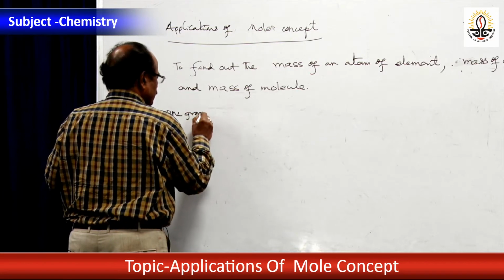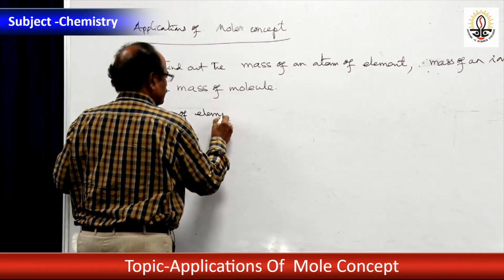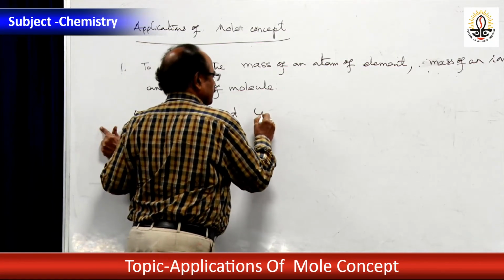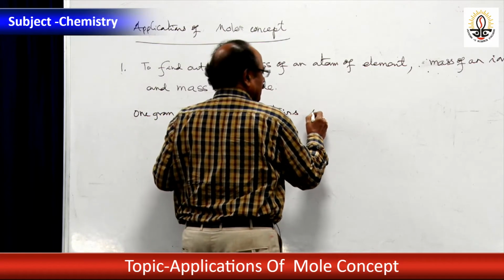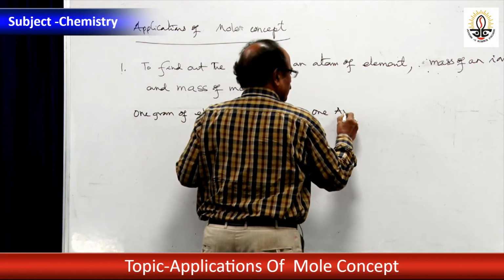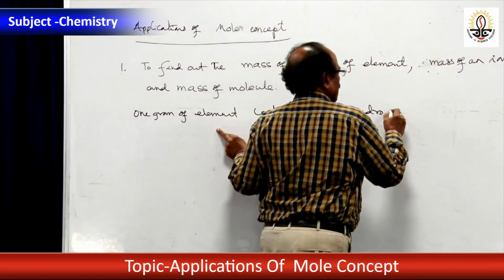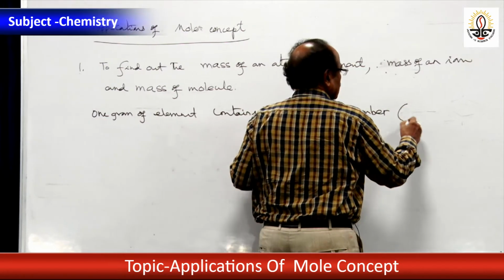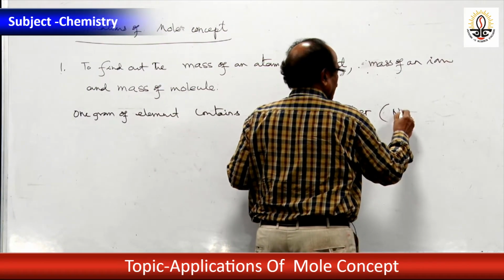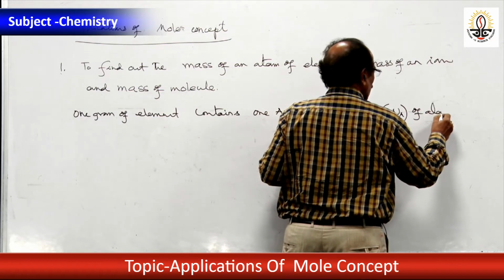Now 1 gram atom of an element contains 1 Avogadro number, that symbolically we write Na, 1 Avogadro number of atoms. This we know, this is 1 mole.